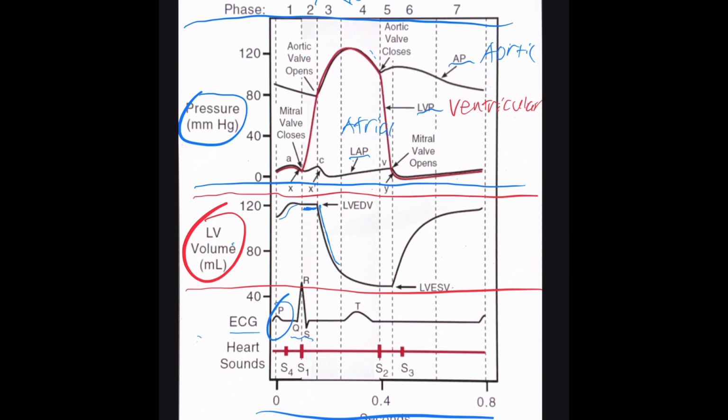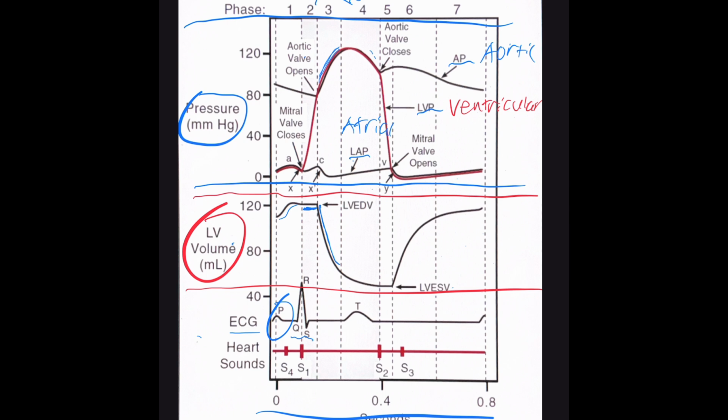So even though the volume is dropping, the pressure is still going up here. Also, we can see in this part the aortic pressure is rising, because that's when we start to see the blood shooting out of the ventricle and going into the aorta up here. So we see the aortic pressure rise, ventricular pressure is still rising, but the volume is dropping in the ventricle.